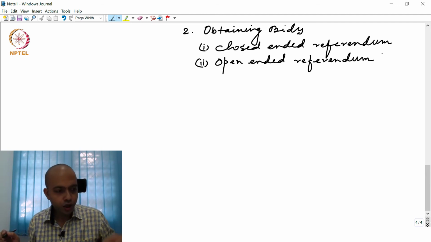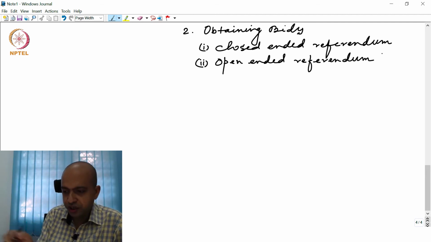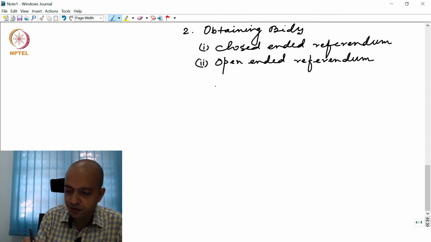These are the two methods. So first we will discuss closed-ended referendum, and then we'll go for open-ended referendum.